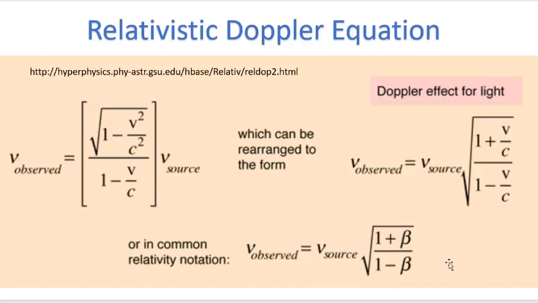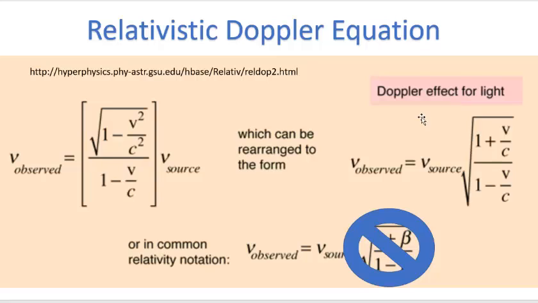If they have beta, then you have to remember that beta is v over c. So this is not more elegant than this. It looks prettier, but it really is exactly the same. So this equation is not better than this one, so we're just going to look at these two right now.